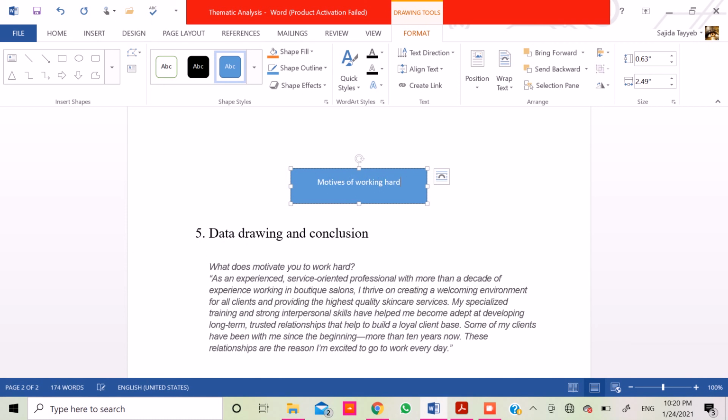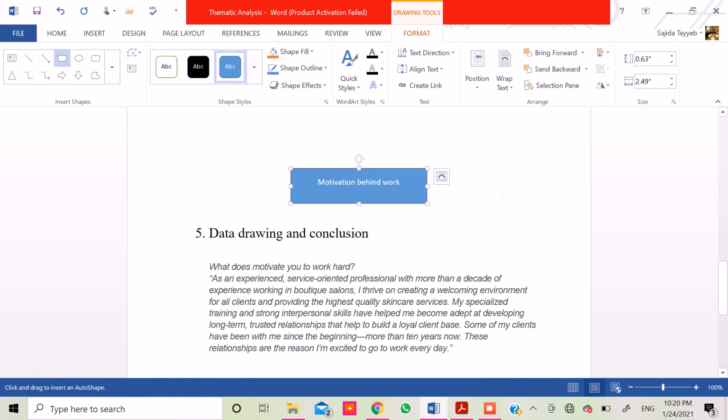This was one of the research questions, to find out the motive. Or instead of writing working hard, you can simply say motives for, or you can also call it motivation behind work.